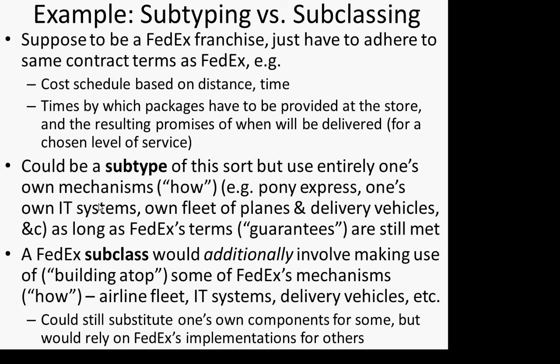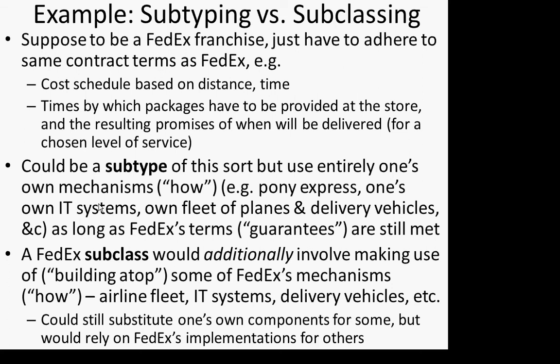It's like I'm providing all the FedEx guarantees, and I'm not going to use their mechanisms. I'll use my own mechanisms. You know, I have really fast horses to bring down to the suburbs of Saskatoon and so on. And that's fine. If you can live by those guarantees, power to you. A subclass would say, okay, we're going to be reusing all the FedEx mechanisms, all the FedEx planes, and so on. And if you're doing that, you still have to adhere to those FedEx promises, or you're fraudulent. You're like fraudulent Fred. Okay?